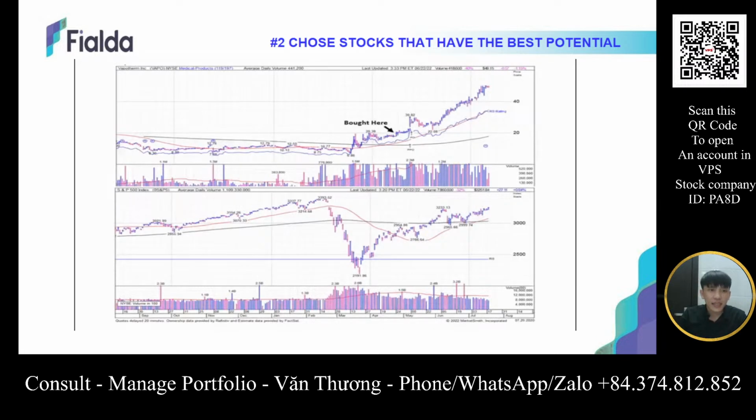Number three, you know, Vapotherm. You can see here the general market is going up and down, in a downtrend, but the individual stock is in an uptrend. So you can see here the leader stock formed a VCP. Okay, one, two, three, and the last time, the volume is negligible, and this day the stock broke out of the base with gigantic volume, and you can see here the stock moved up very, very quickly.